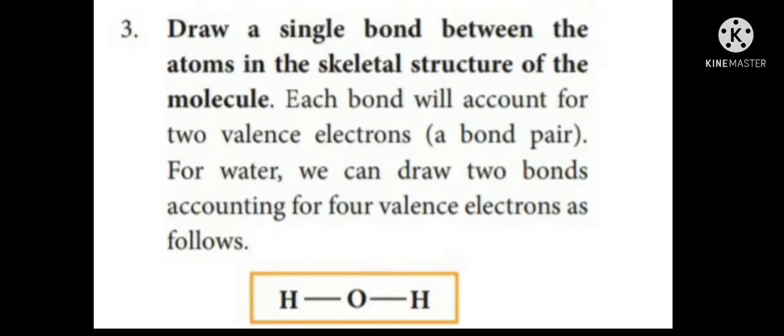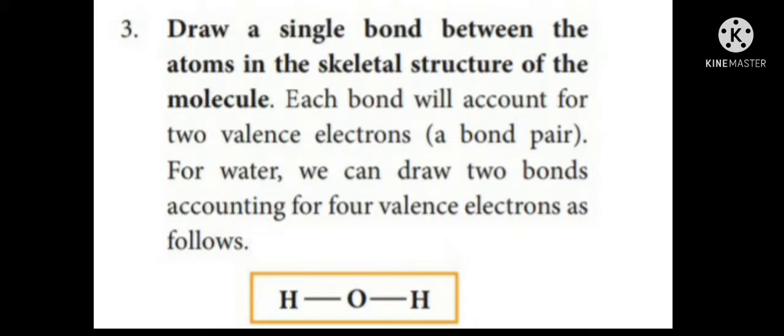Step 3. Draw a single bond between the atoms in the skeletal structure of the molecule. In the third step, we have to draw a single bond between atoms in the skeletal structure of the molecule.